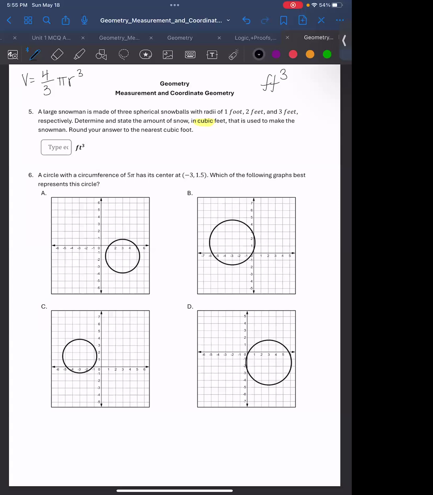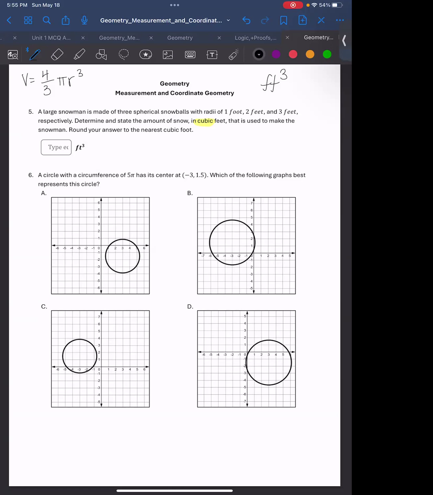Again, this is all on your reference sheet. 4/3 is a number that is part of it. It's not going to change. It is always 4/3. Don't ask me why it's there. Maybe because the surface area is 4 and then you have to do 3 things for volume. I don't quite know. I didn't make up the formula. This is what it is.